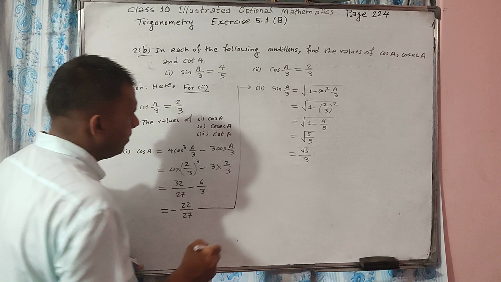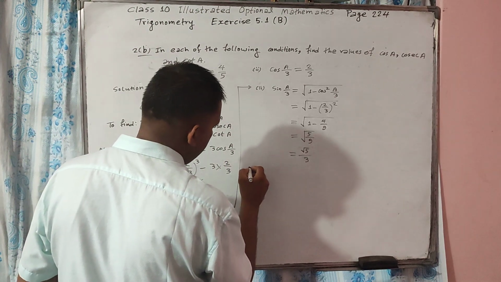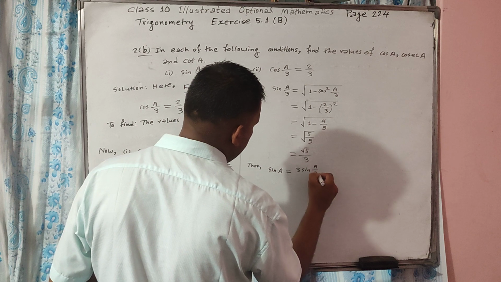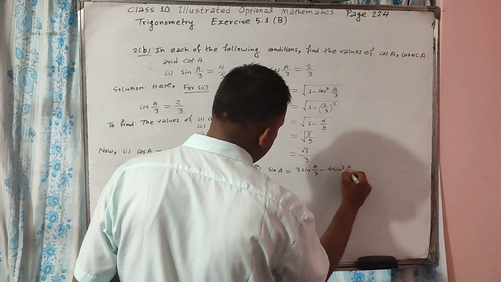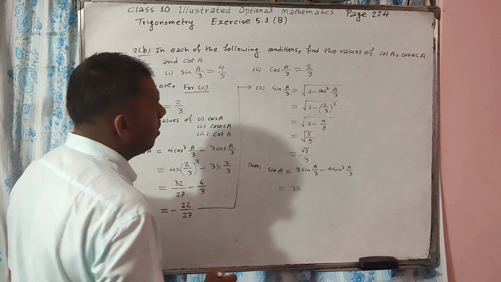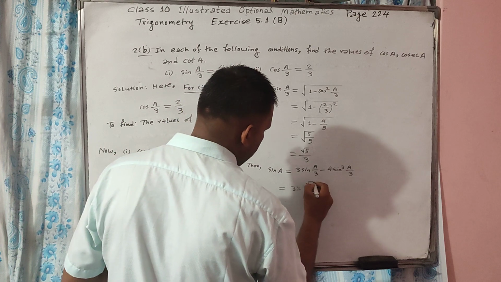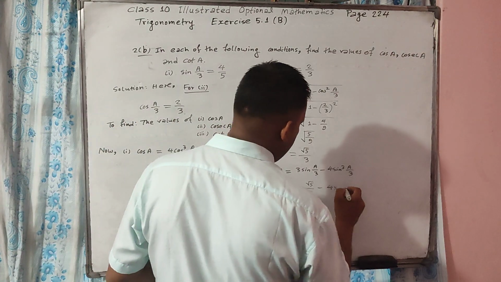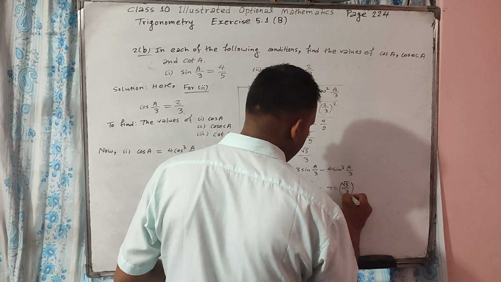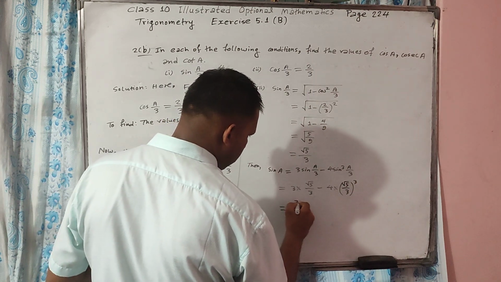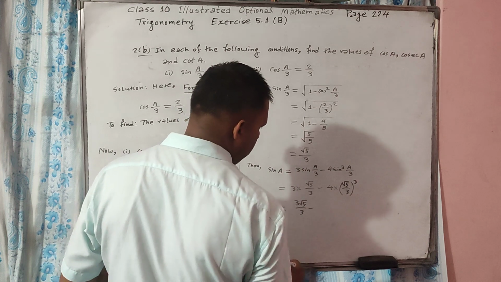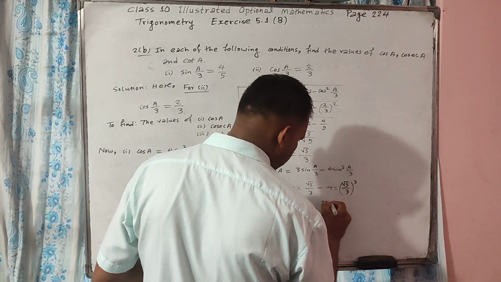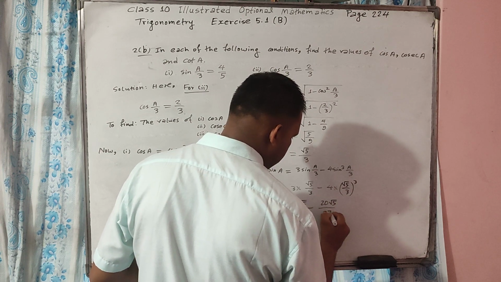Then sin A. Sin A equal to 3 sin A by 3 minus 4 sin cube A by 3. 3 into sin A by 3, root 5 by 3, minus 4 into sin cube A by 3, that is root 5 by 3 whole cube, equal to 3 root 5 upon 3 minus 4 into root 5 whole cube, that is 5 root 5, 5 into 4, so 20 root 5 upon 3 whole cube is 27.